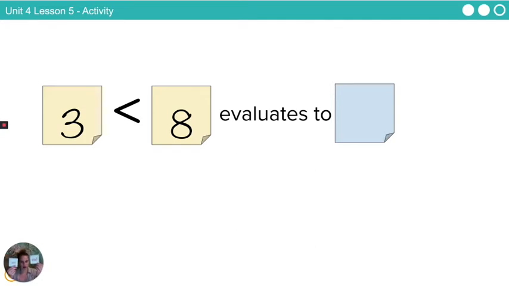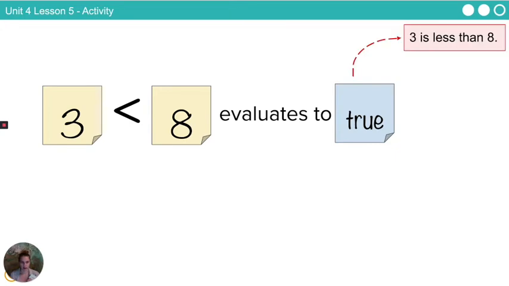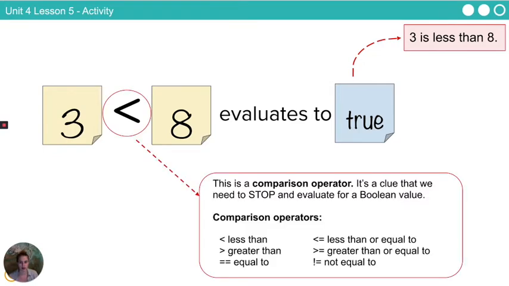Is this a true statement or a false statement? 3 is less than 8. This statement is true because 3 is in fact less than 8. And so we put true on our sticky note.